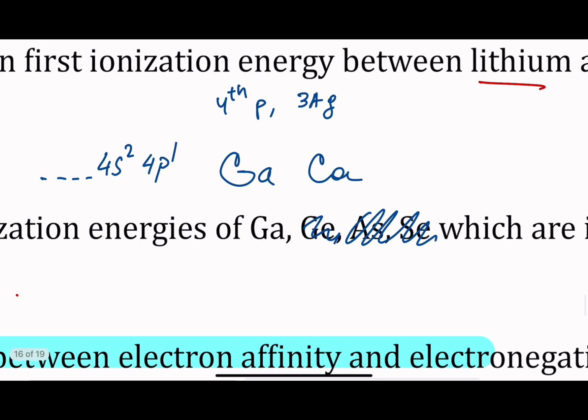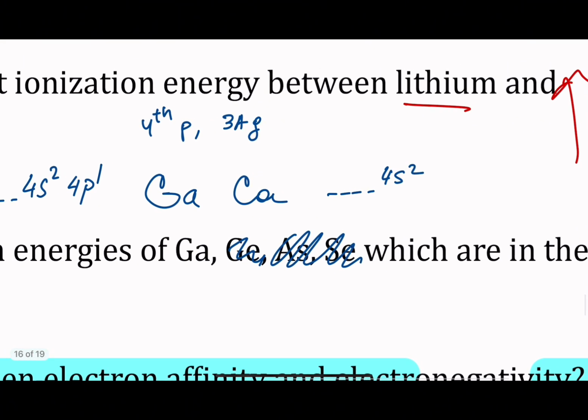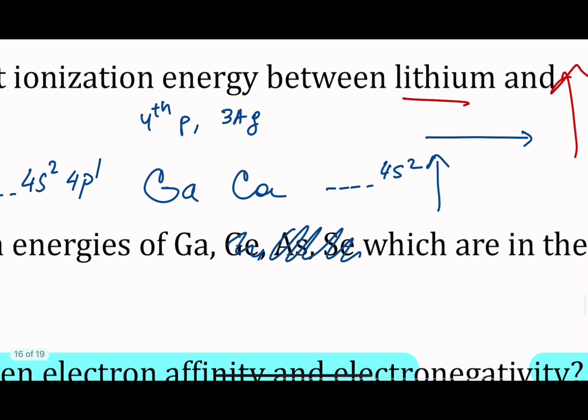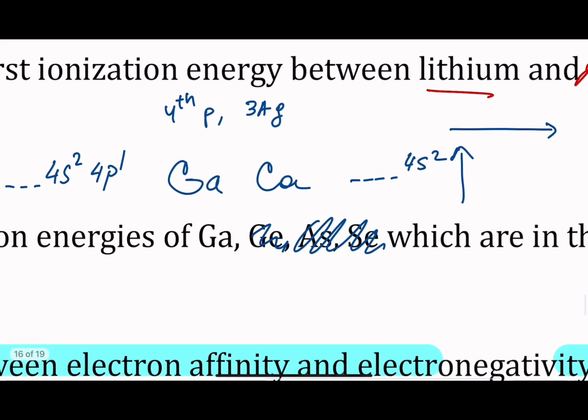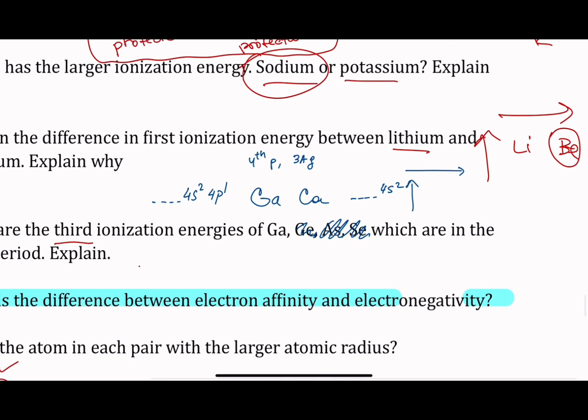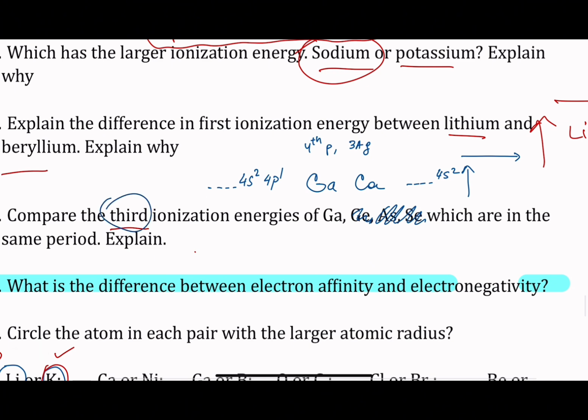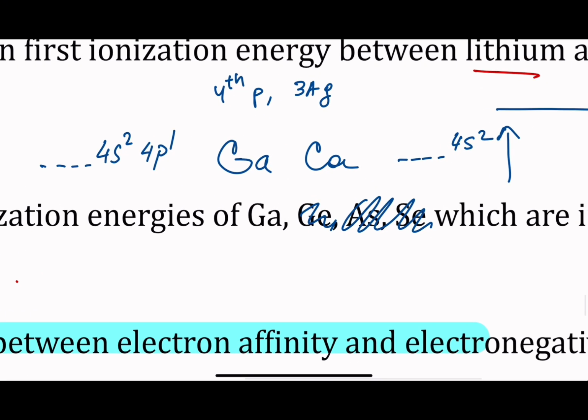And then calcium ends with 4s2. Normally we know from the periodic table that ionization energy increases from bottom to top and left to right. That's what we know. But in this case, they are talking about third ionization energy. So that trend might not apply in this case.